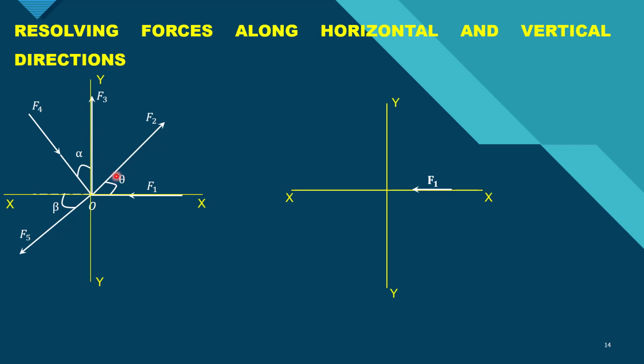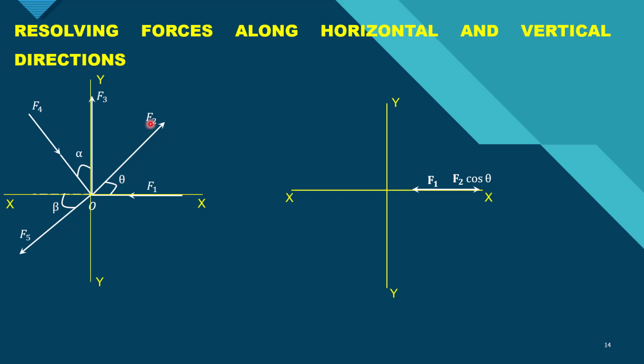Okay, now what will be the horizontal component of F2? In this case, you can see the angle marked. So the component which is near to this theta will always be cos, right? So the horizontal component of F2 will be F2 cos theta, which will be acting towards right. See, F2 cos theta acting towards right. Now, what about the vertical component?